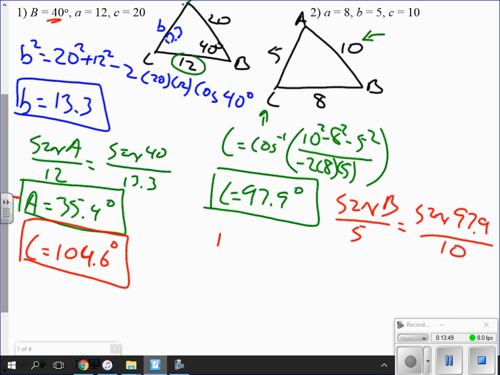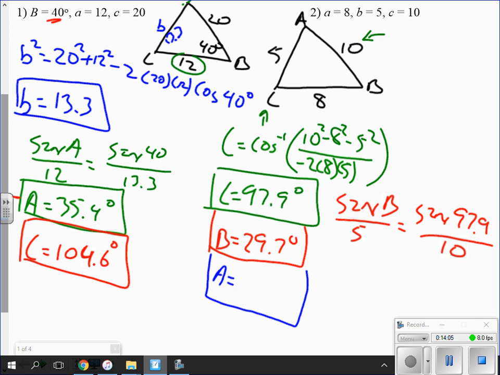And you work that out. B is equal to 29.7. And then subtract both of those from 180 to get angle A, 52.4.